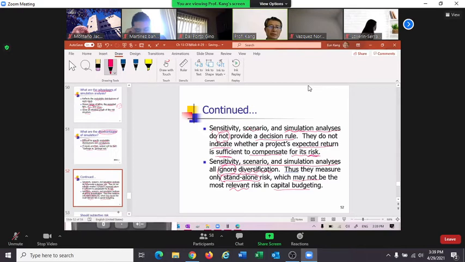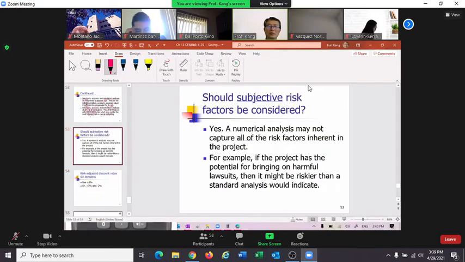Then, one more thing: should subjective risk factors be considered? The answer is yes. The numerical analysis may not capture all of the risk factors inherent in the project, right? That's the problem. For example, if the project has the potential for bringing on harmful lawsuits, then it might be riskier than standard analysis would indicate.